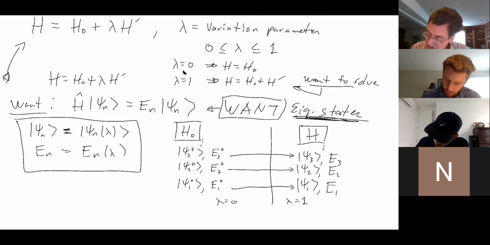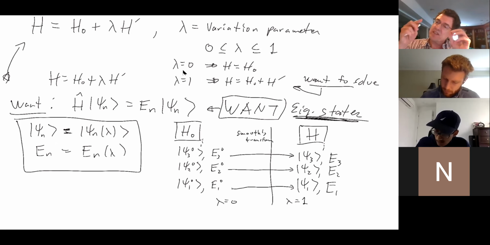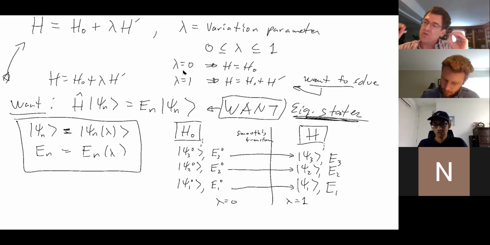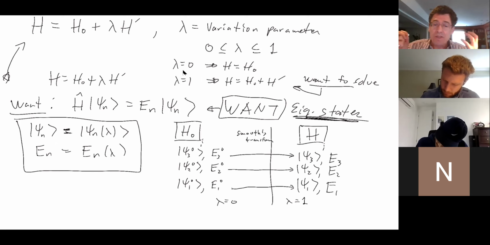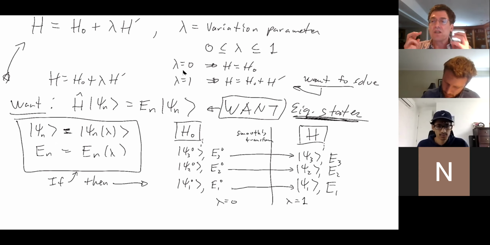So the idea is that each state smoothly transforms to the other. And it must be true, because that's what it means for these states and energies to be functions of this variational parameter lambda.